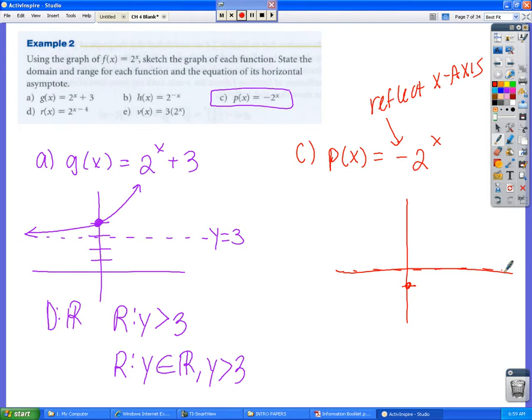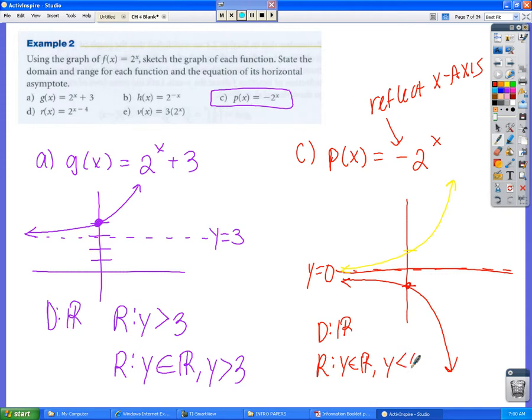The asymptote is still y equal to 0, because that's the original. And in yellow, real lightly, I'll do the graph of 2 to the x. Therefore, the graph in red of negative 2 to the x goes this way. So domain, all real numbers. Range is where y is in the real numbers and y is less than 0. Because of the asymptote, we have to say less than.